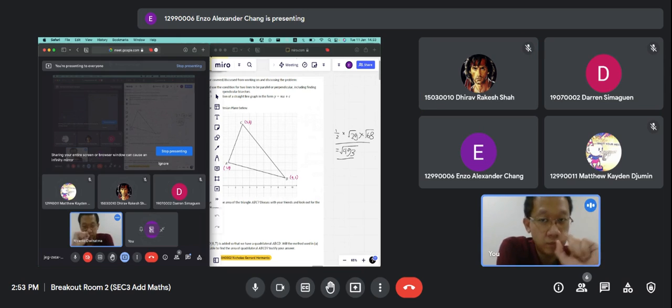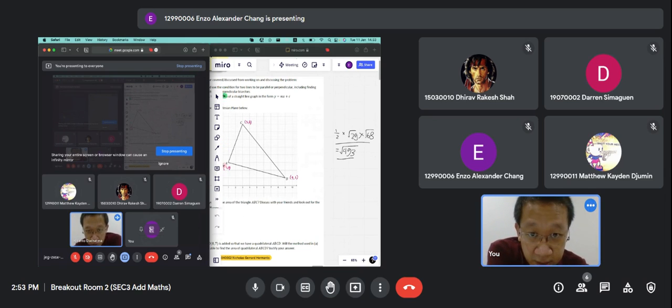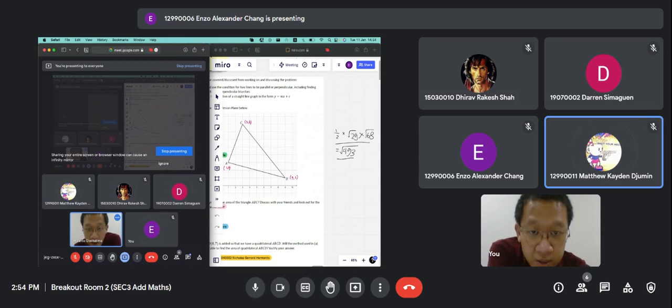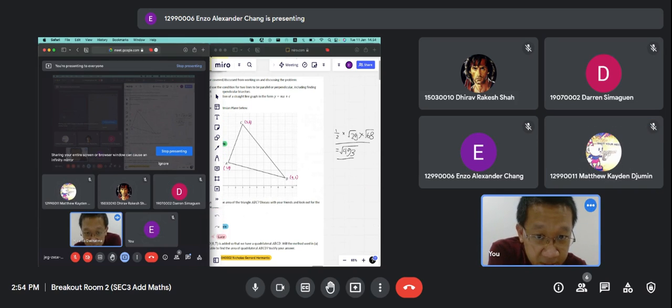Interesting. So the thing that you may want to check is this. I did mention earlier the use of half base times height. Or let me just ask this. According to Matthew, that's the result, right? Half times square root 29 times square root 68. Is that correct? That's Matthew's writing. Yeah. So square root 29 is AB, is it?